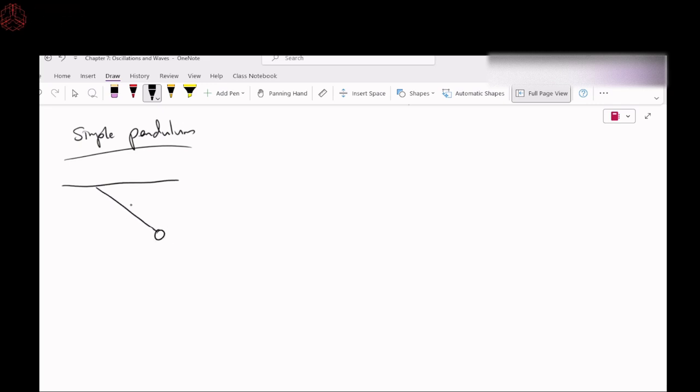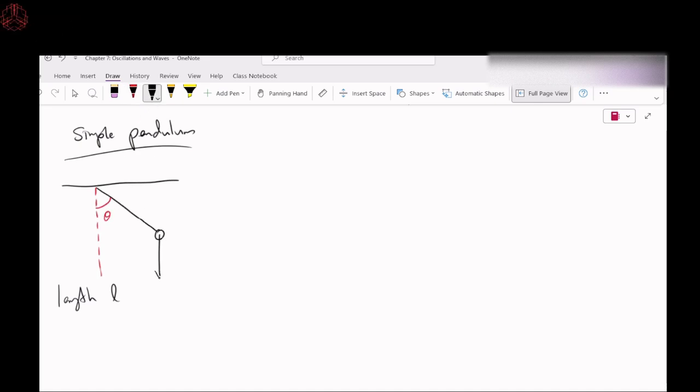I have a string of length L, and then I have the string being pulled such that it makes some angle. So this angle is theta.